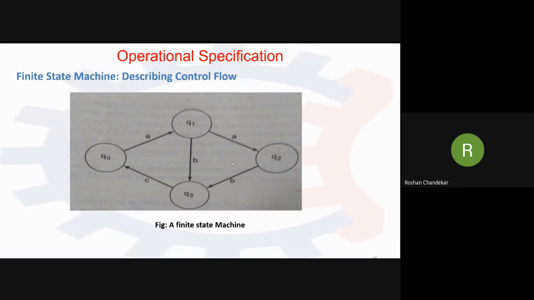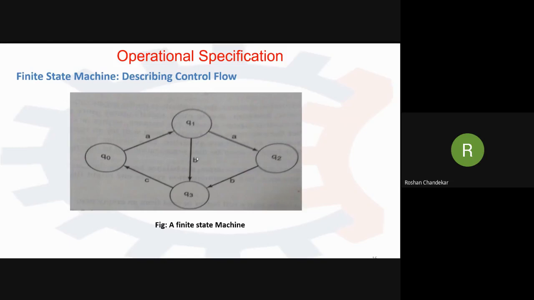Look at the diagram here. If I go from this Q1 to Q2, there is an input arrow and there is one variable, or we can say the input is A. So whenever we have to go from Q1 to Q2, we have to check that if and only if Q1 has the input A, then only we go to Q2.